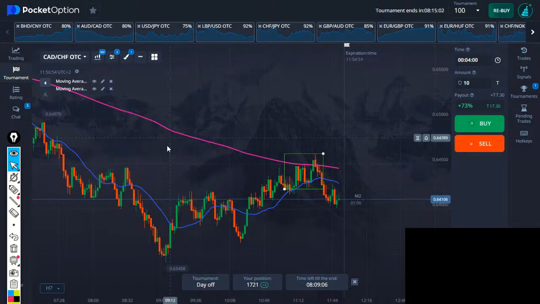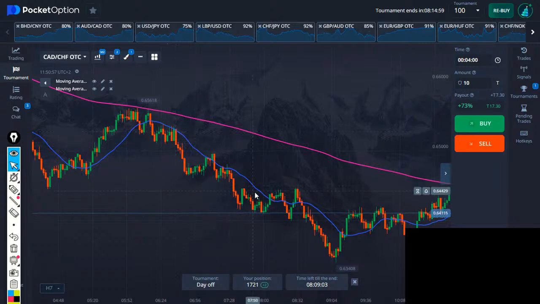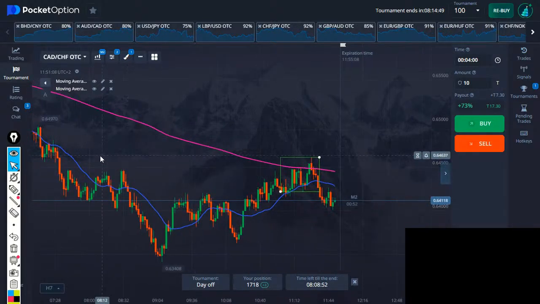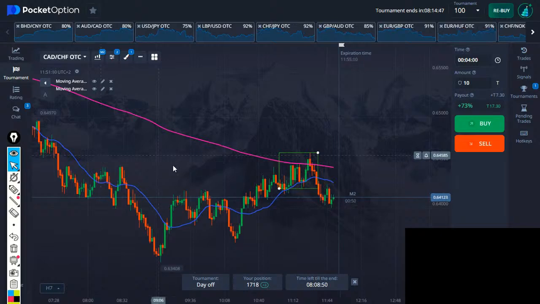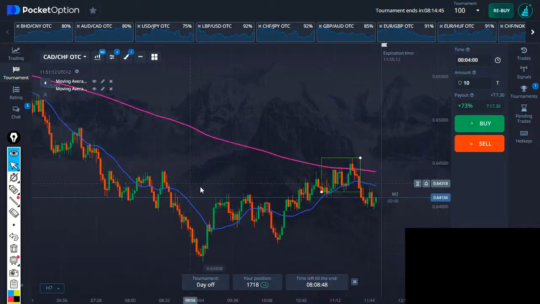The 20 period moving average, the blue line over here, shows you the price action of the last 20 2-minute candles.